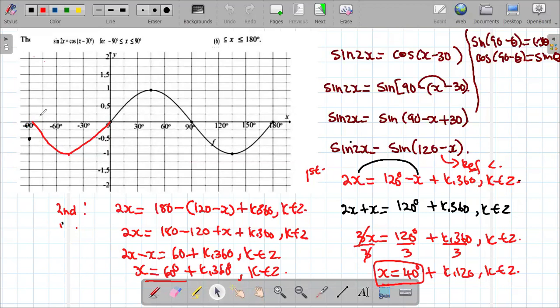Negative 60 is 0. Negative 30 is 0.5. Then 0 is 0.866.